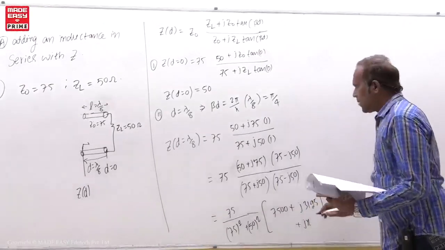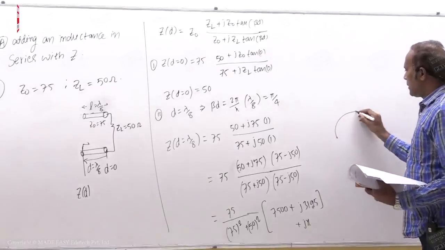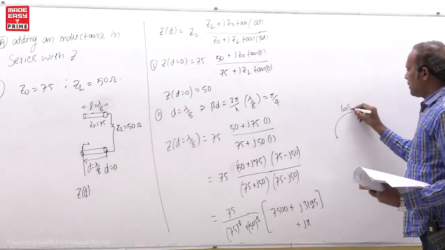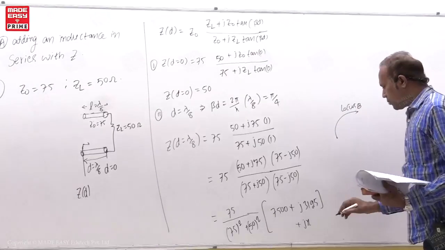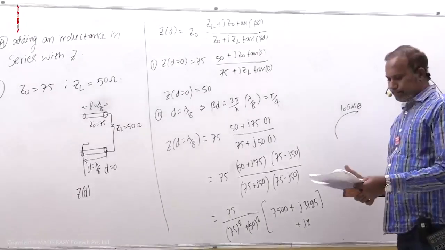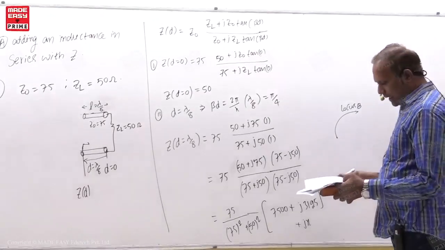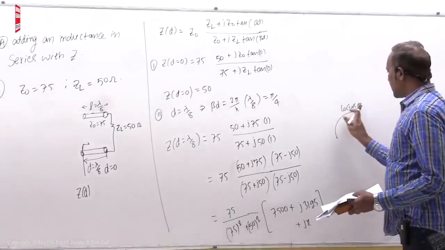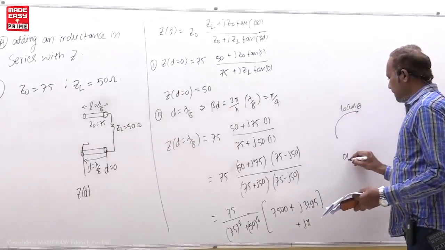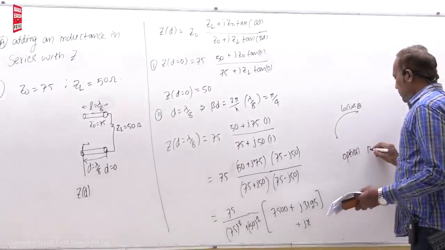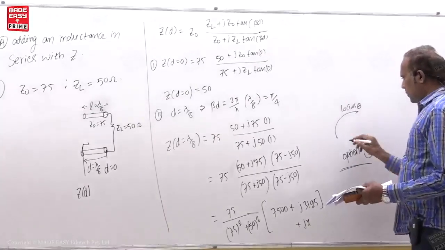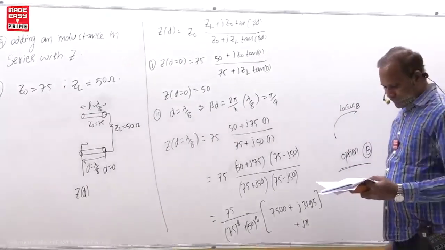Plus jX means going like this. That is locus B, which represents that one. So in locus B, that type of discussion is going on. So the option is option B, locus B. Okay.